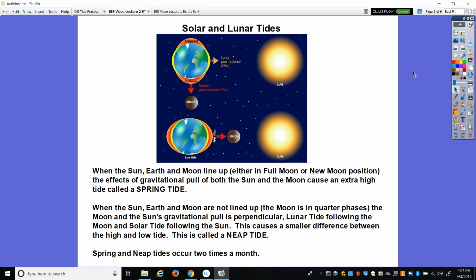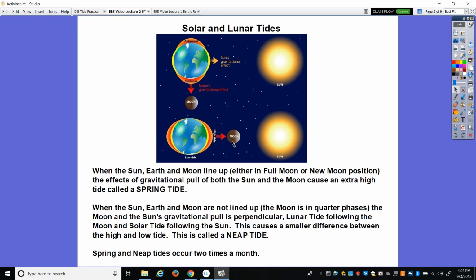So let's see if I can explain this. So when the sun, earth, and moon line up, and there could be two instances of this. You remember the moon is moving around the earth. It takes a month, and the sun stays where it is. And so when it's lined up in a line, or the moon could be on this side as well, right?